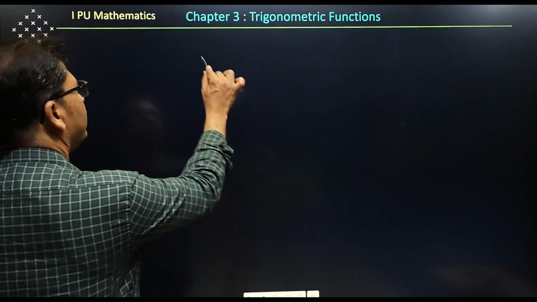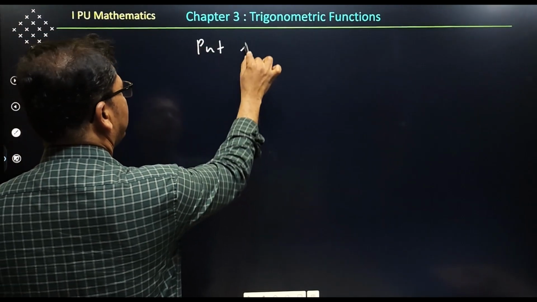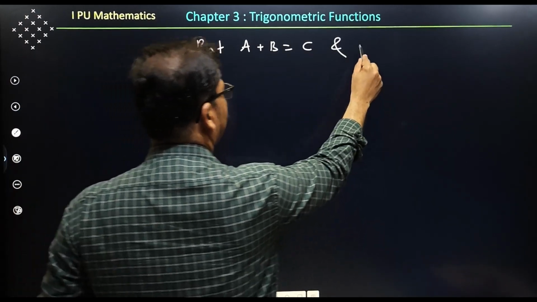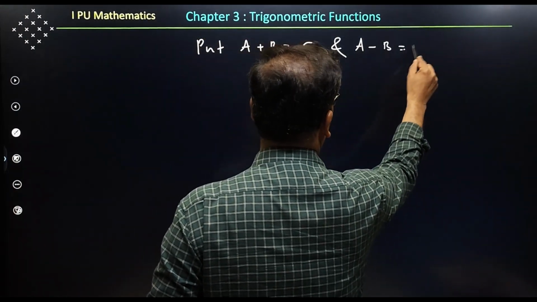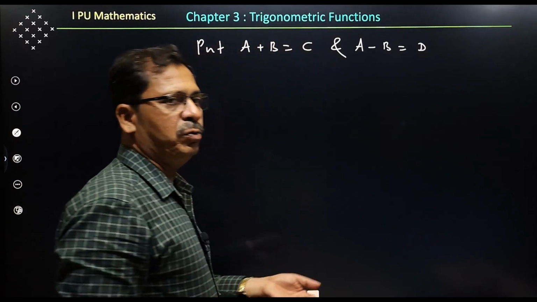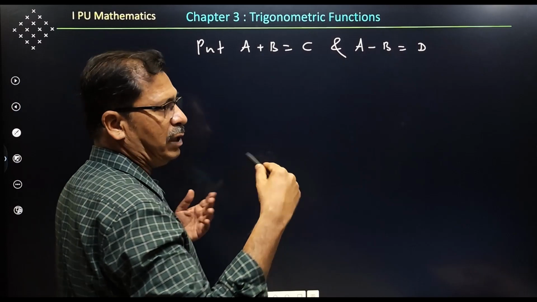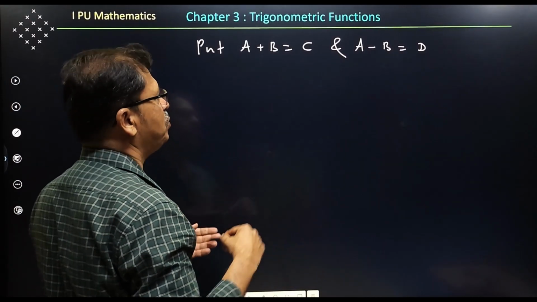You need to put A plus B equal to C and A minus B equal to D. I would like to take these two substitutions and make them in the previous results. I would like to evaluate the value of A and B using these two substitutions.